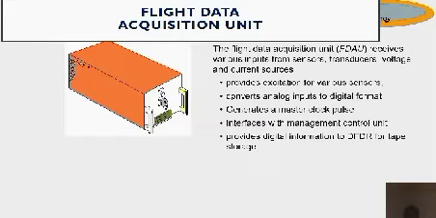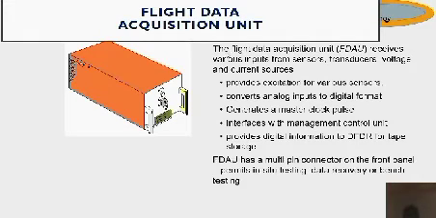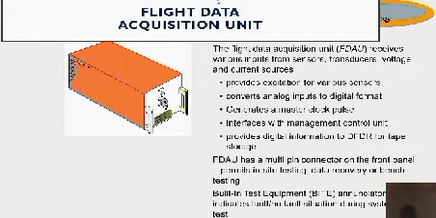It provides digital information to the digital flight data recorder for tape storage. The flight data acquisition unit has a MART-pin connector on the front panel. It permits in situ testing, that is on-board testing, data recovery, or bench testing. The built-in test equipment annunciator indicates a fault or no fault situation during system self-test.